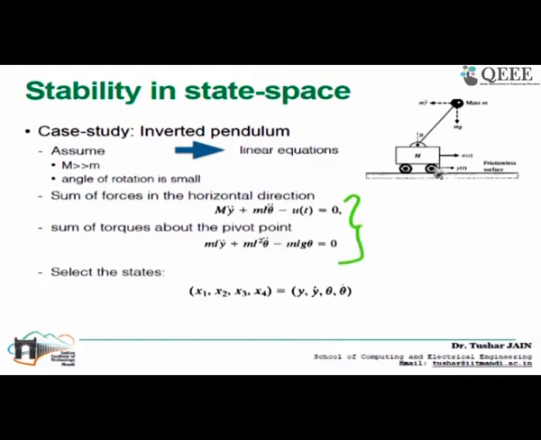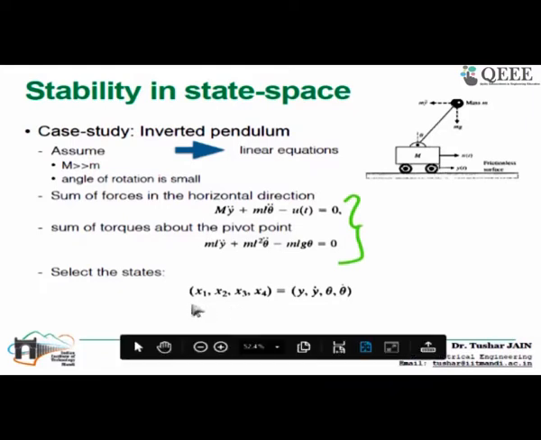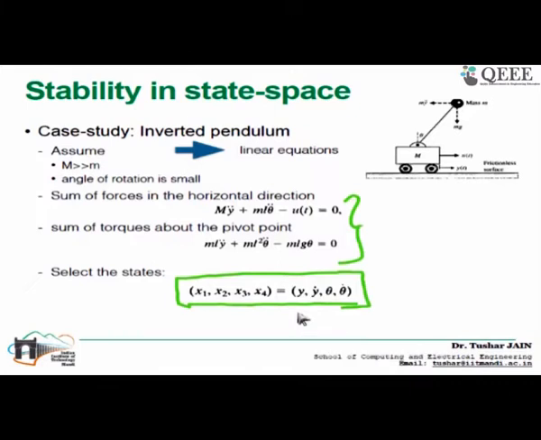Like I said, the question arises: how do you measure the states? You, the designer, have the full flexibility to choose the states. So you choose the states which you really want to control.